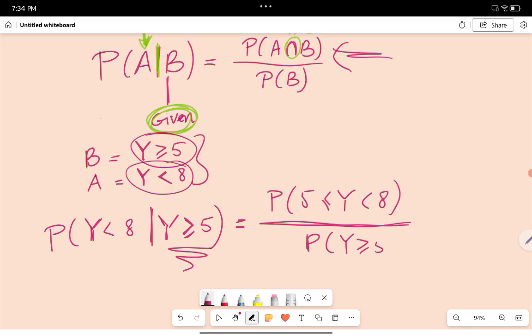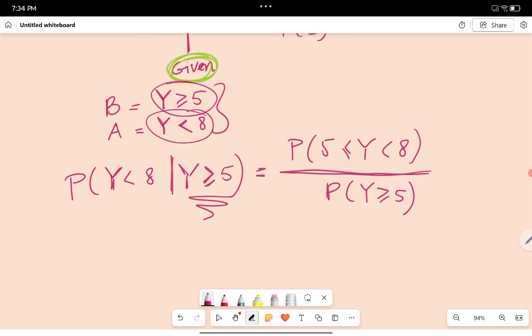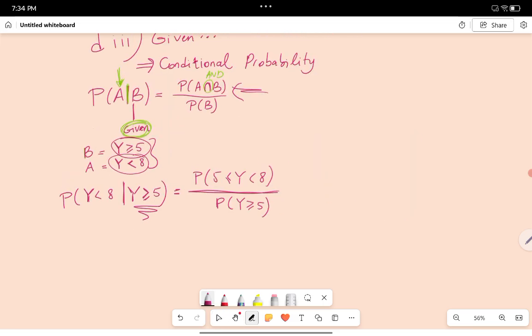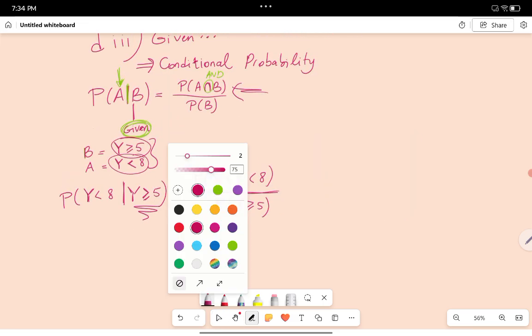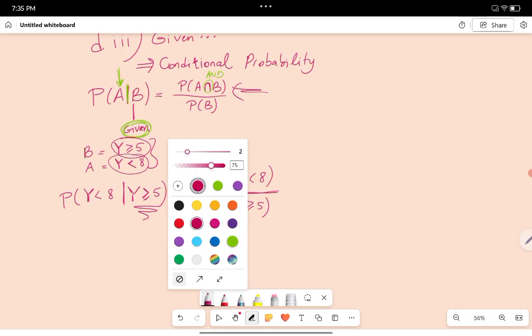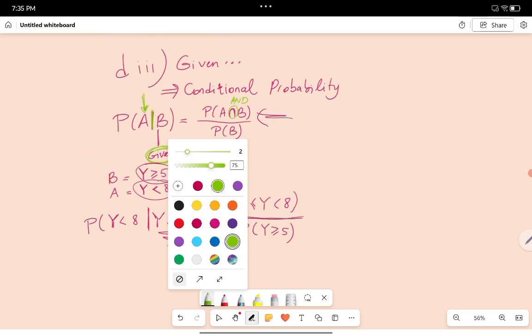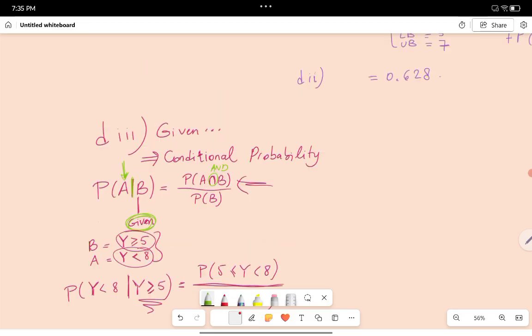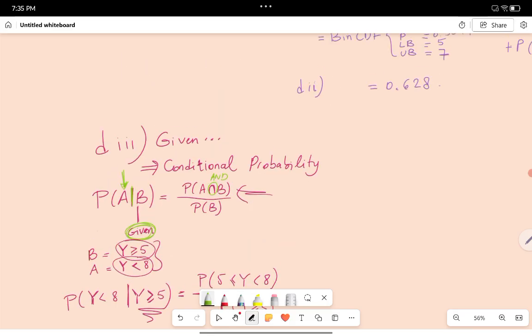So we have this. All right, so now we just have to see, do we have these values already? Let's double check. I think we do, because we first calculated just before, find the probability that Ariane scores at least 5 points and less than 8. That's what we just did. That was 0.628.